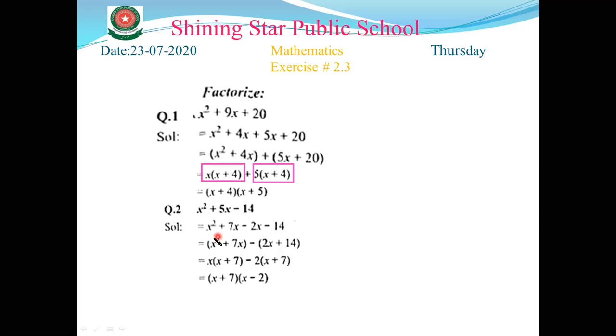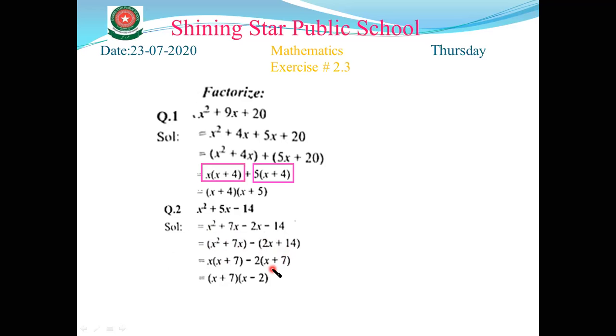Okay. Now again, combine the first two terms and the last two terms. Take the common x from the first two terms, so we get x plus 7. And from the next two terms, we take the common 2, so it becomes x plus 7.